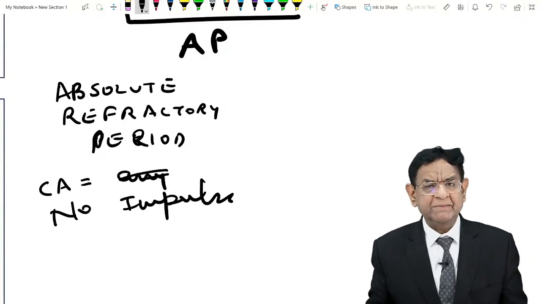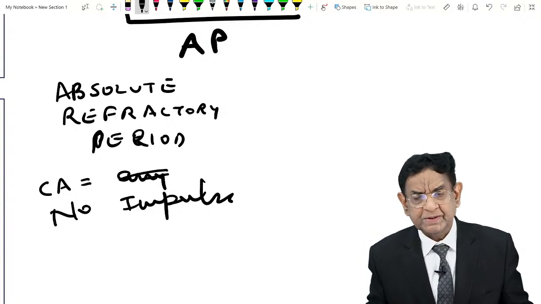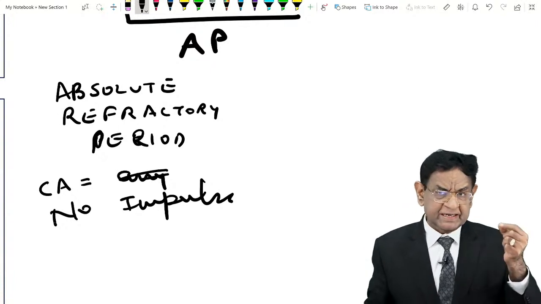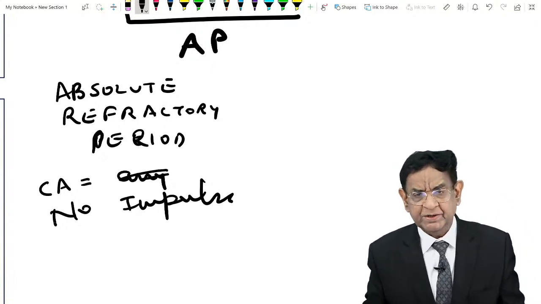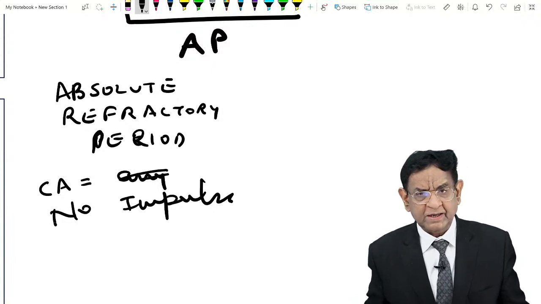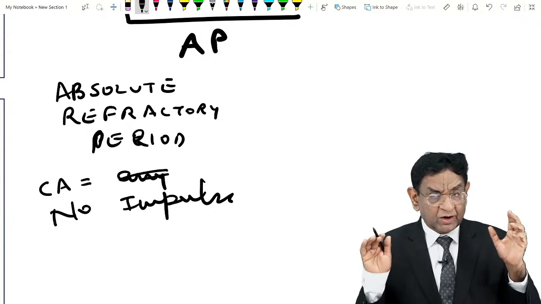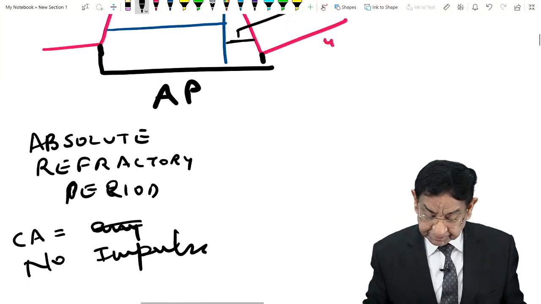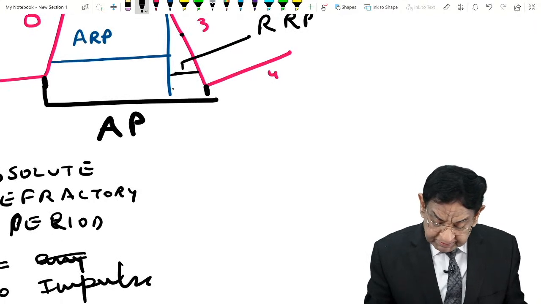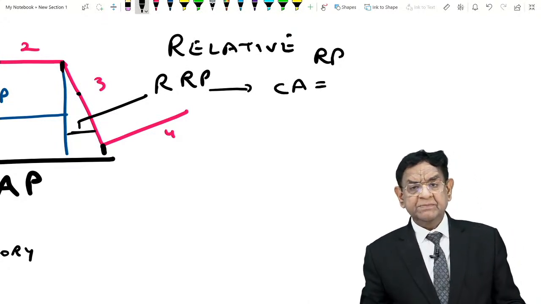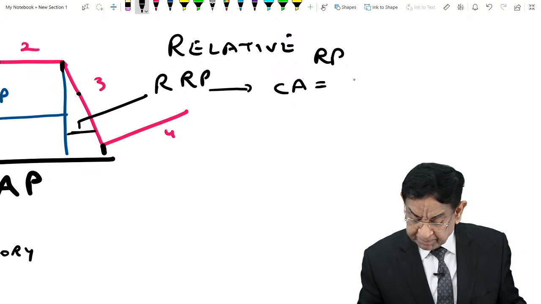Second, clinical applied. Due to this quality only, the myocardium is protected from generating arrhythmias. Otherwise, any small stimulus can lead to arrhythmias. So, if somebody asks you why these arrhythmias cannot occur, it is because they have an absolute refractory period. Now in the relative refractory period, the clinical applied: arrhythmias can be generated if impulse is strong.